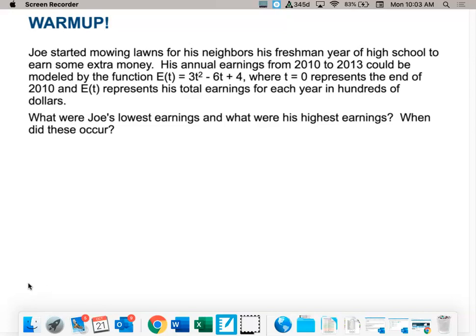This board, these guys took the time to rewrite the equation in vertex form so that they knew that this was the minimum, the low value on the parabola, right? So the low value is at t equals 1. I like that you remembered to use some of your Algebra 2. Now, if you really knew your Algebra 2, then you would know the vertex is just at negative b over 2a, and you could have just done it right here.